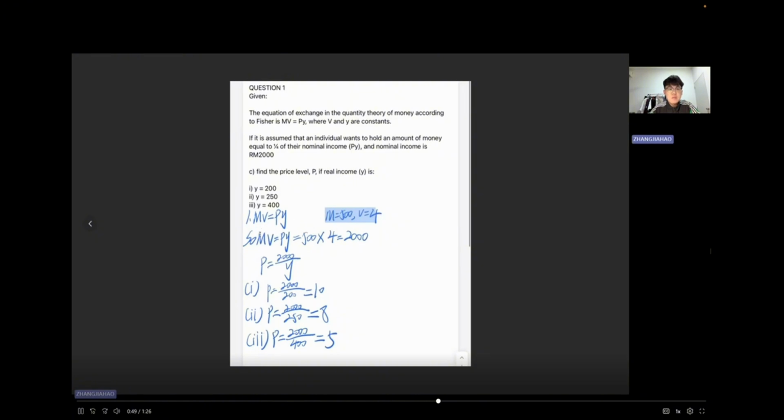So we can solve that MV equals PY equals 500 multiplied by 4 equals 2000, and we can change the equation to P equals 2000 divided by Y. So we put Y equal to 200 into the equation, so P equals 10, the second one is P equals 8, and the third one is P equals 5.